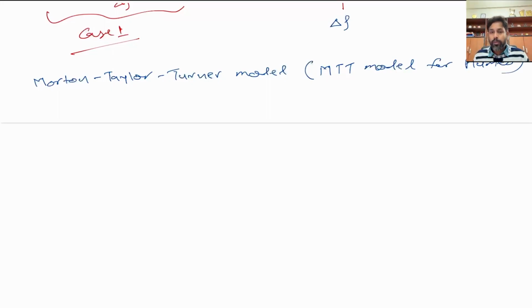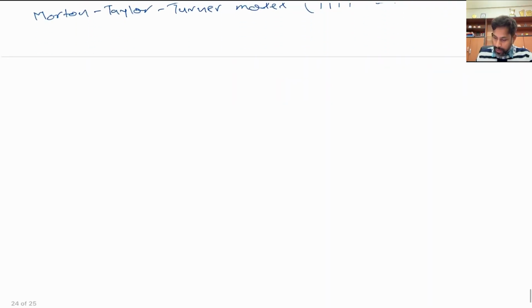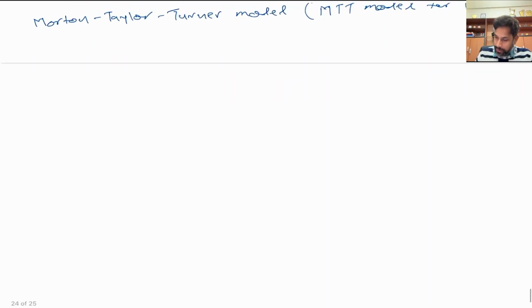Okay, and this model can be applied to unstratified medium as well, but we obviously use another method to find a solution in that case. So here we will use the Morton-Taylor-Turner model to find a solution for plumes in stratified medium.